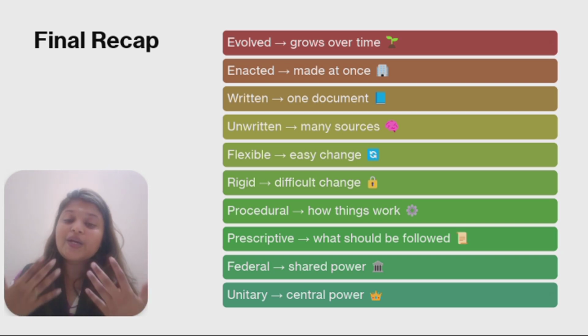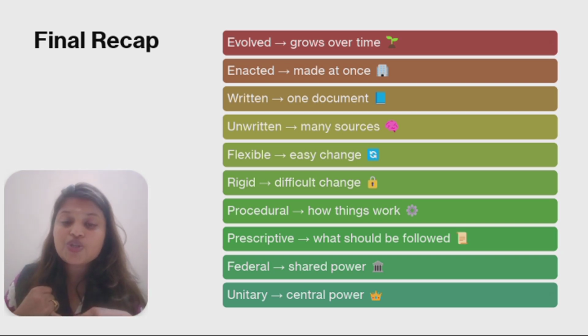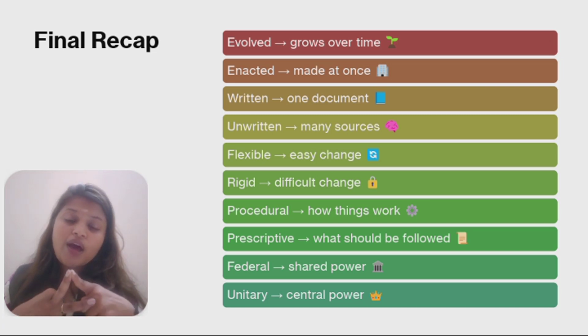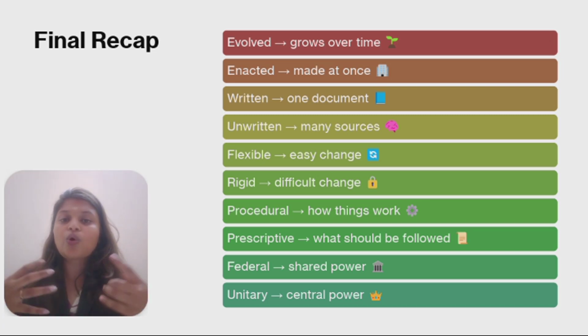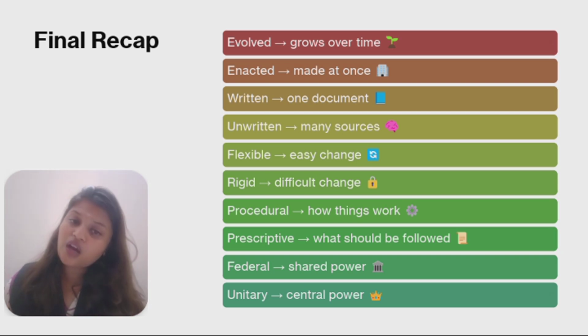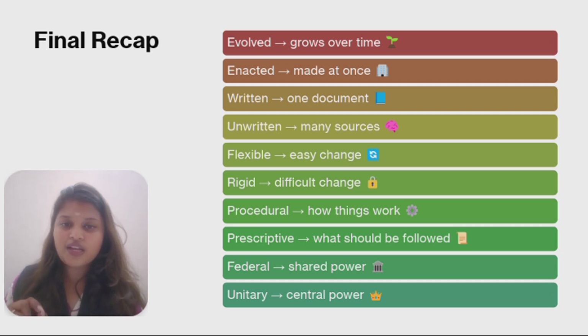For example, it will give procedures as to how elections should be conducted, how fundamental rights should be exercised, and how emergency provisions should be followed and operated in the country. So these are all dealt with under procedural constitution, where it lays down the procedures as to how things work. And the other thing is prescriptive constitution. It is the opposite of procedural constitution, where it focuses on what should be done, right?